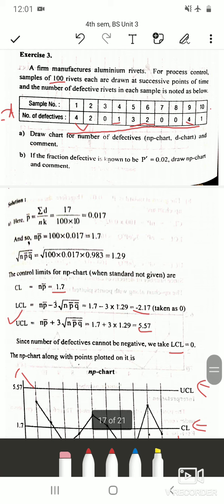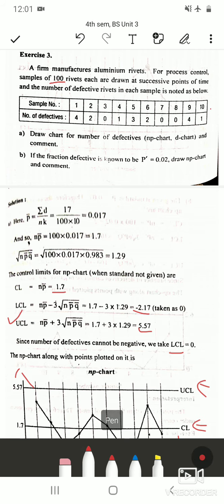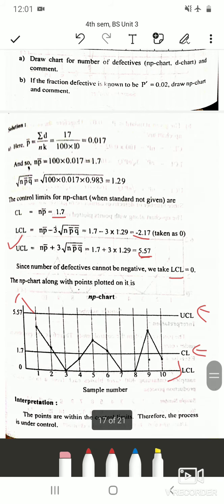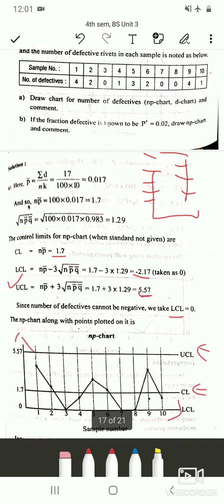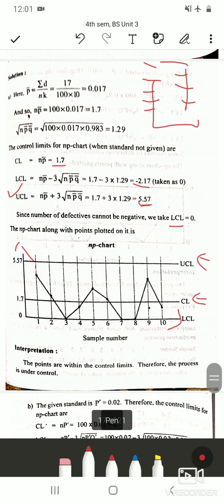You have to plot in the NP chart or D chart all the values of d, so you have to cover all such values. Here the highest value is 5.575, lowest is 0. So you can take a scale up to 6. You can take 0.5, 1, 1.5, 2, 2.5, or you can take 1, 2, 3, 4, 5, 6, or you can take 2 centimeters equal to 1. So it is your choice.